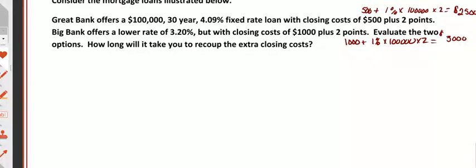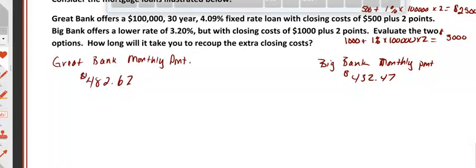So use the online calculator. It's easy. And let's figure out the monthly payment for Great Bank and for Big Bank. Well, going to the loan payment calculator online at one bank, I see Great Bank's monthly payment would be $482.62. And that's a $100,000 loan, 30 years at 4.09 fixed rate.